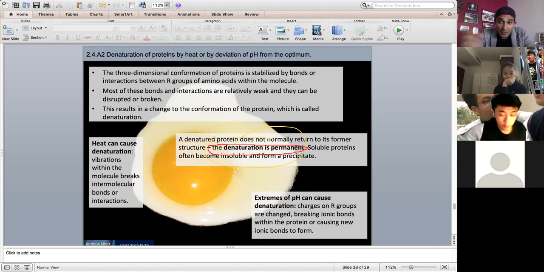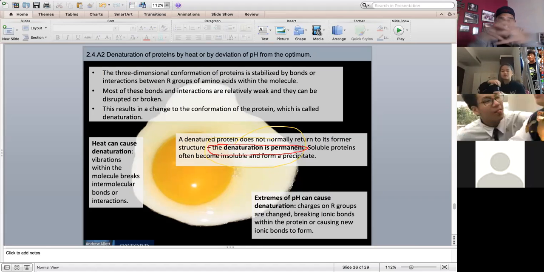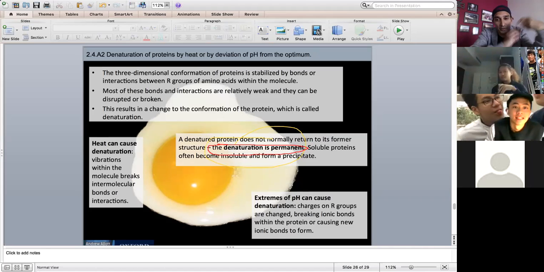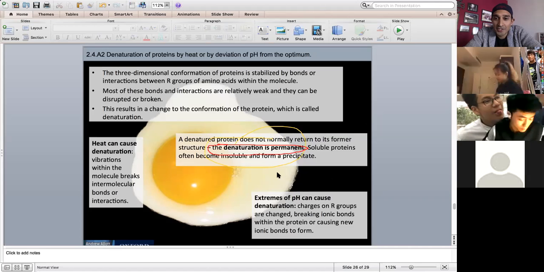You can't unfry it. Like you can't cook an egg and be like, oh man, I wish I hadn't cooked that egg. Oh, I'll just uncook it and put it in the fridge. No. So most of the time, denaturation is permanent. Okay, that's it. Once it's denatured, it's over.